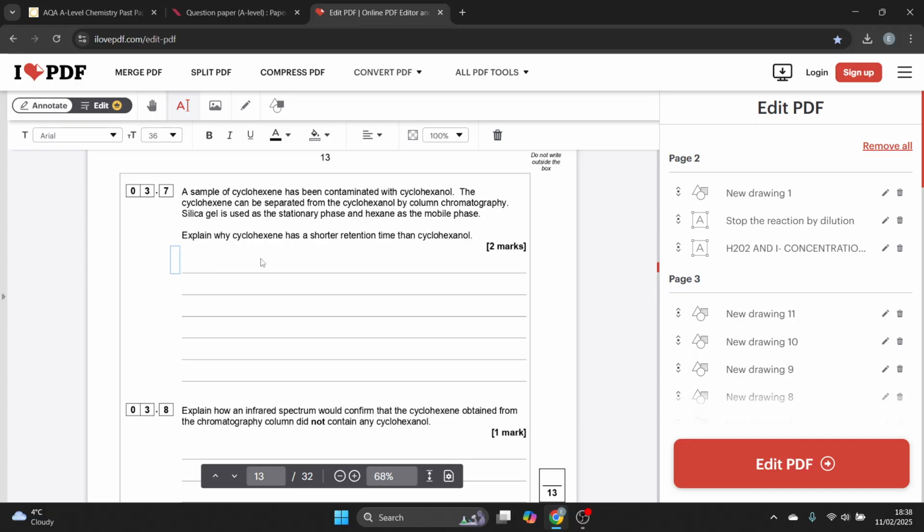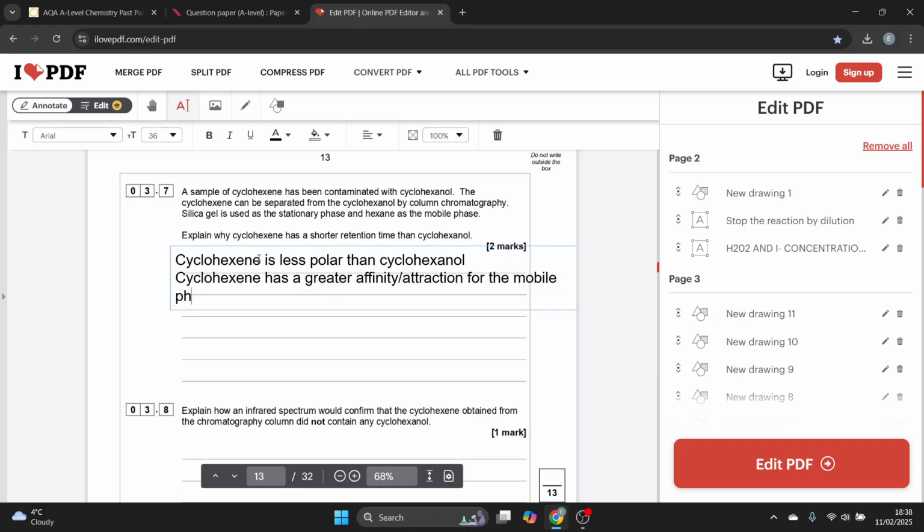Why is the retention time of cyclohexene shorter than that of cyclohexanol? Let's say, use the mark scheme. Cyclohexene is less polar than cyclohexanol. Therefore cyclohexene has a greater affinity or attraction for the mobile phase.